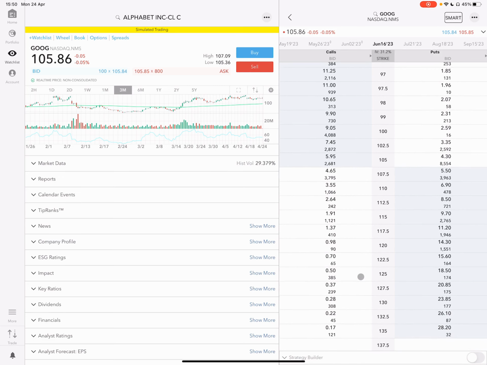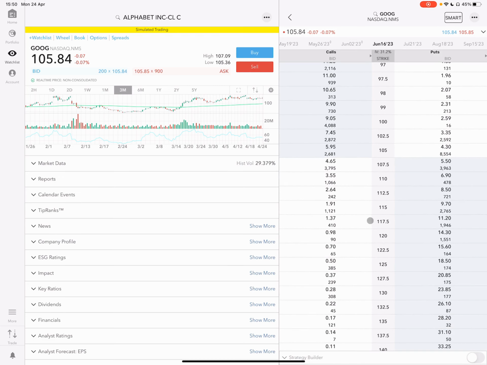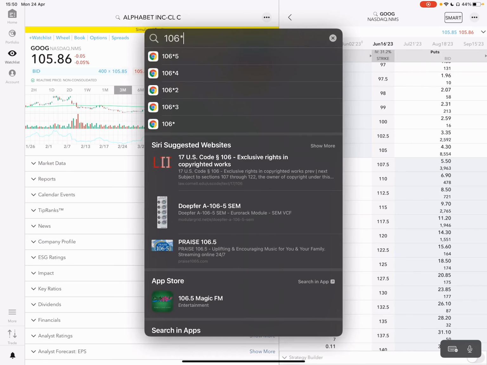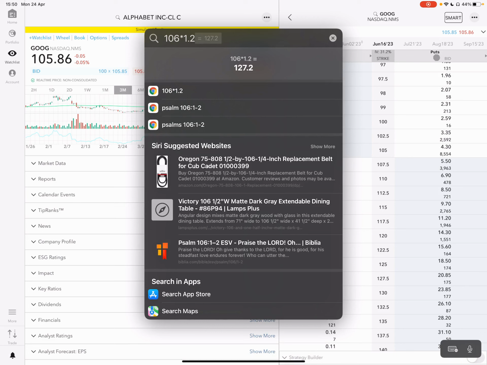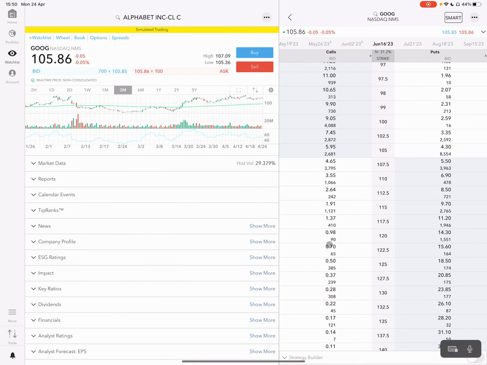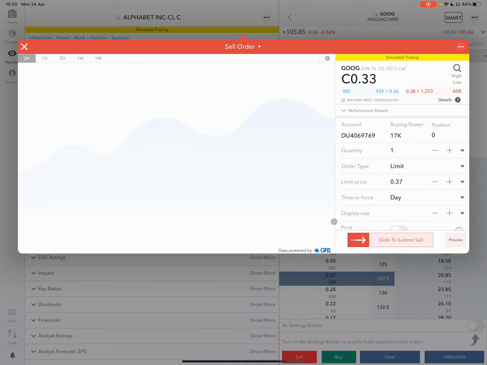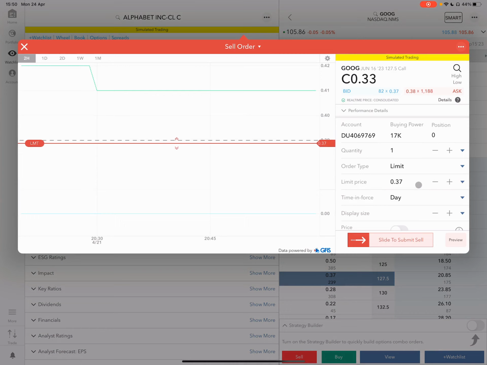And let's just say we're quite happy for Google to do a 20% move. So it's trading at 106 times 1.2, that's $127.20. So we've got the $127 strike. And if we look to sell that, you can see we'll get somewhere around $37.